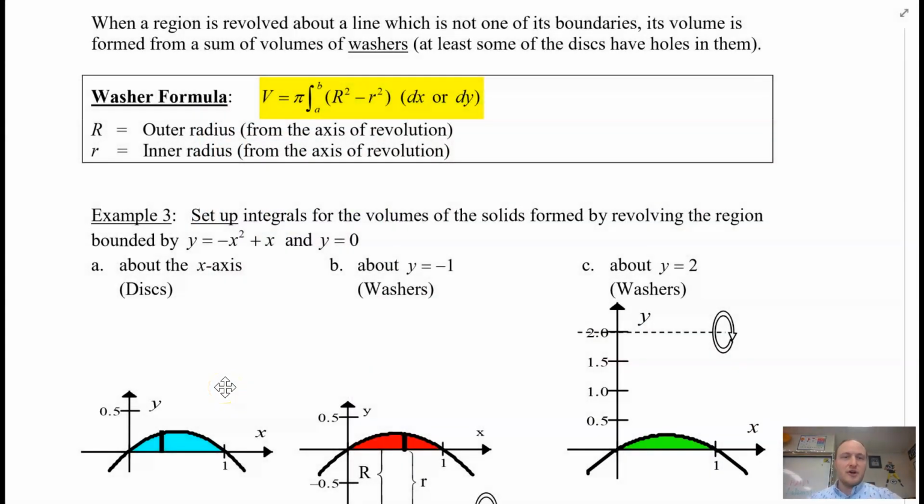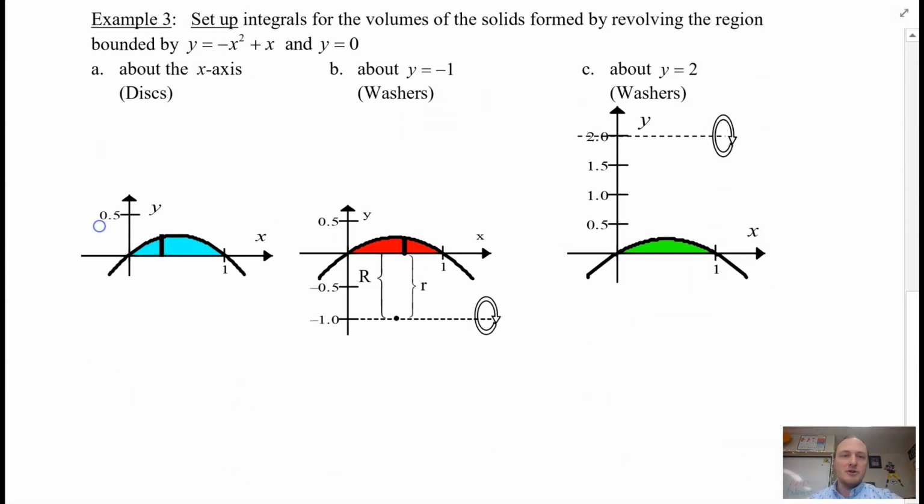I first want to start out with your prior knowledge. In example 3, it says set up the integral for volumes of solids formed by revolving the region bounded by the line y equals negative x squared plus x and y equals 0. So for part A, it says about the x-axis. So again, our volume is equal to pi times our limits from 0 to 1 of the radius squared.